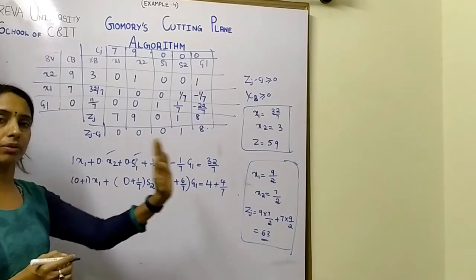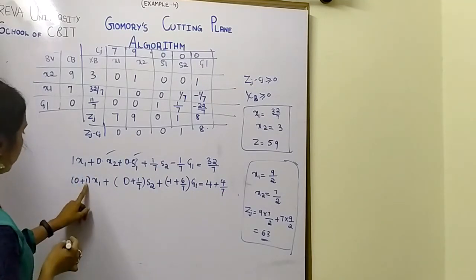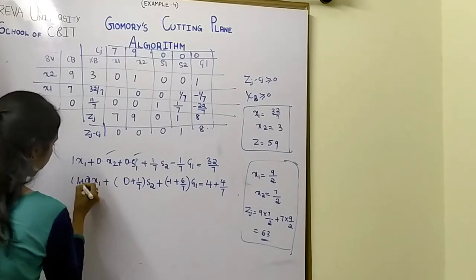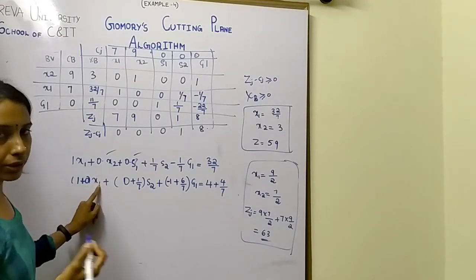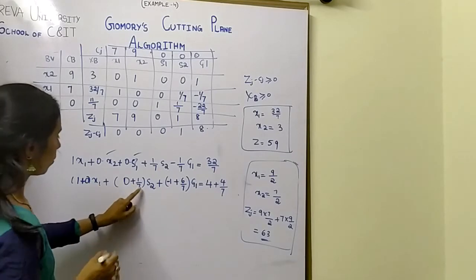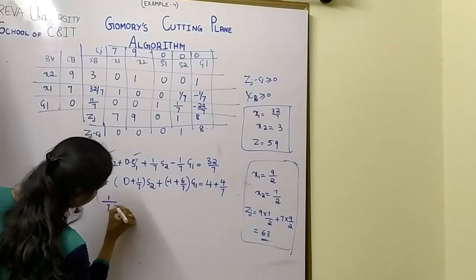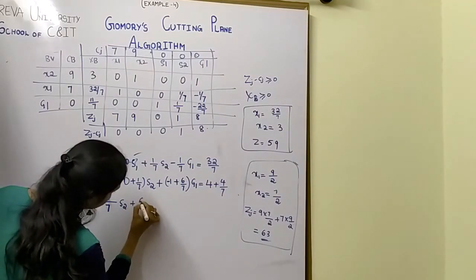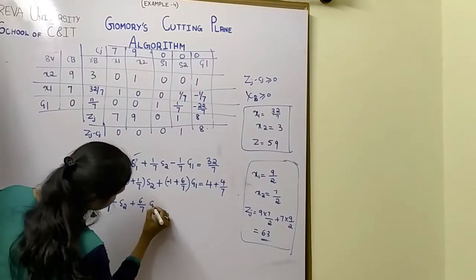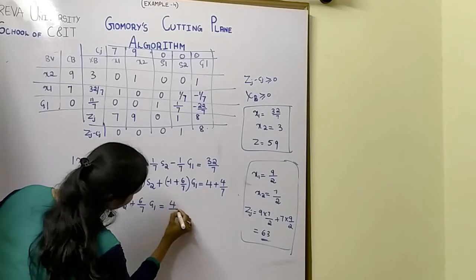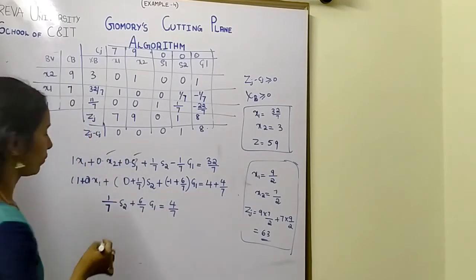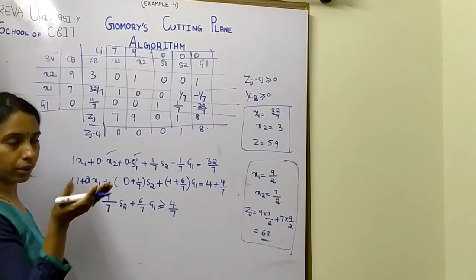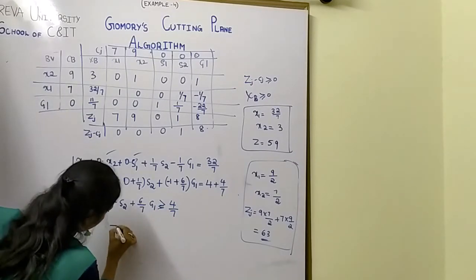Now consider only the fractional part. This will be 1 by 7 s2 plus 6 by 7 g1 equal to 4 by 7. Now usually this will be greater than or equal to, so you have to convert this into less than or equal to.